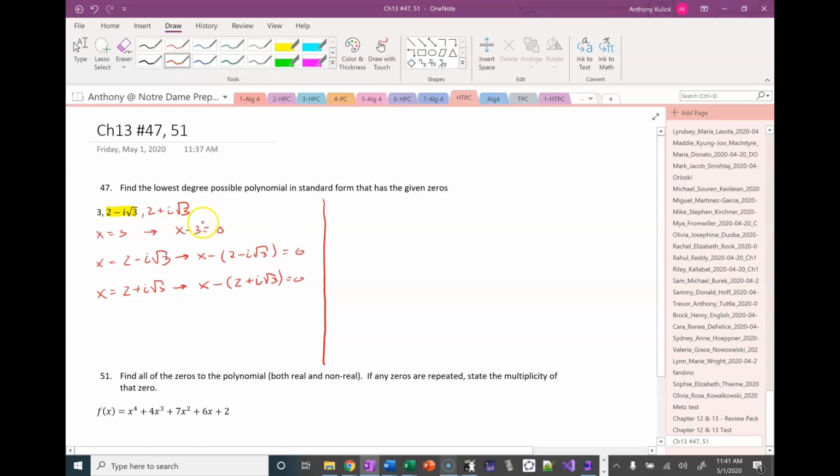And then what I'm going to do is I have a polynomial whose solution is 3. I have a polynomial whose solution is 2 minus i square root 3. And I have a polynomial whose solution is 2 plus i square root 3. And if I multiply those polynomials together, what I'm going to get is a polynomial that has all of those solutions.